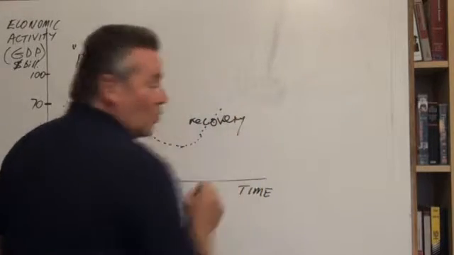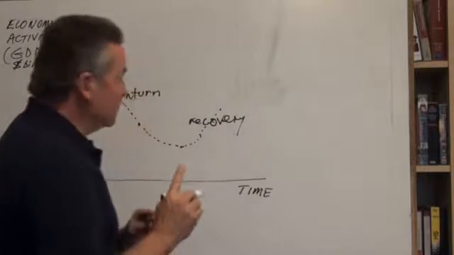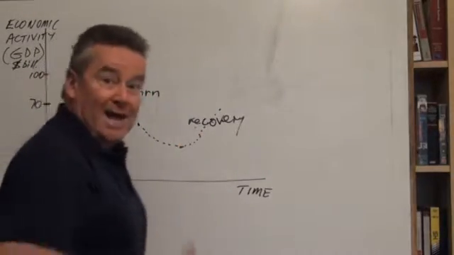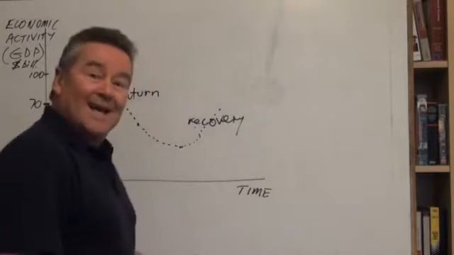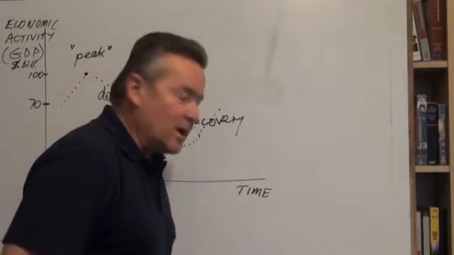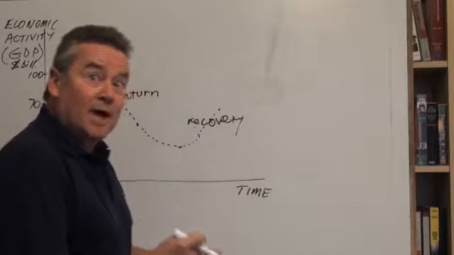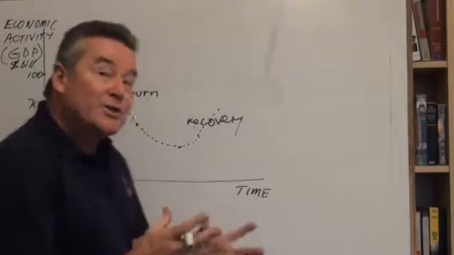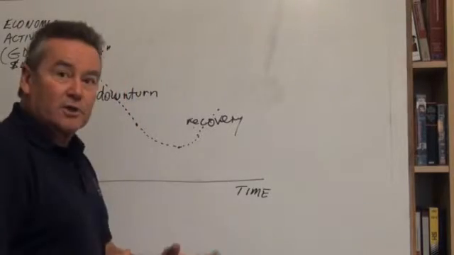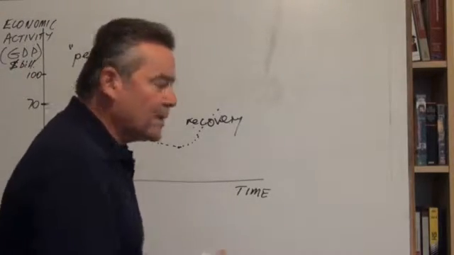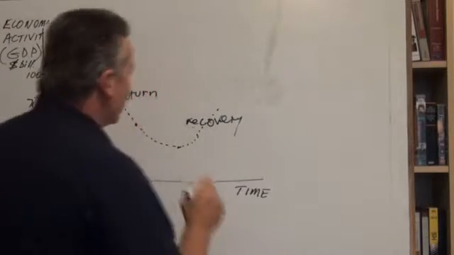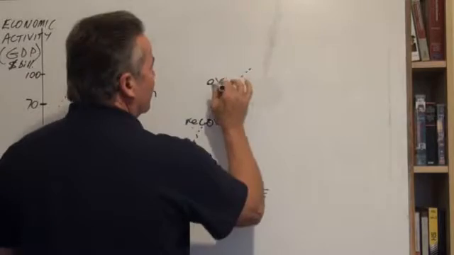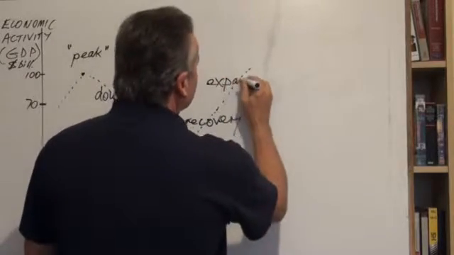Now, what we will be looking at in one of our clips is how this recovery might be aided and stimulated by the government taking a more proactive role in stimulating economic activity on its own, or through judicious interest rate adjustments to encourage higher levels of borrowing. So stand by for that one. But what we find is that over time we can see another period of expansion taking place.